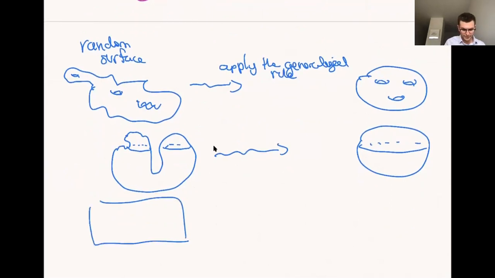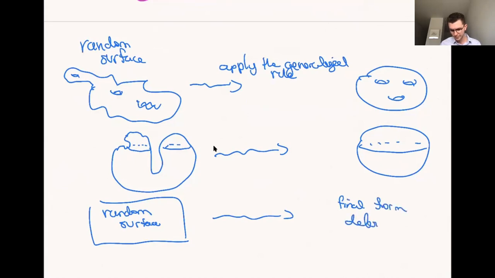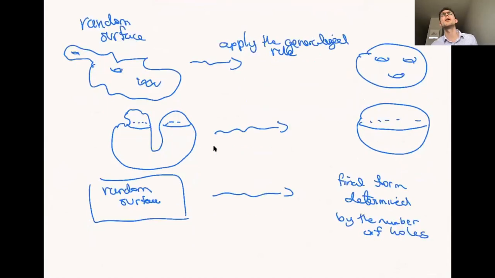So if you have a random surface, what it's trying to become in the end, its final form, its normal form, is determined by the number of holes. Somehow the idea is that you can tell how many holes a surface has regardless of how deformed it is when presented to you.